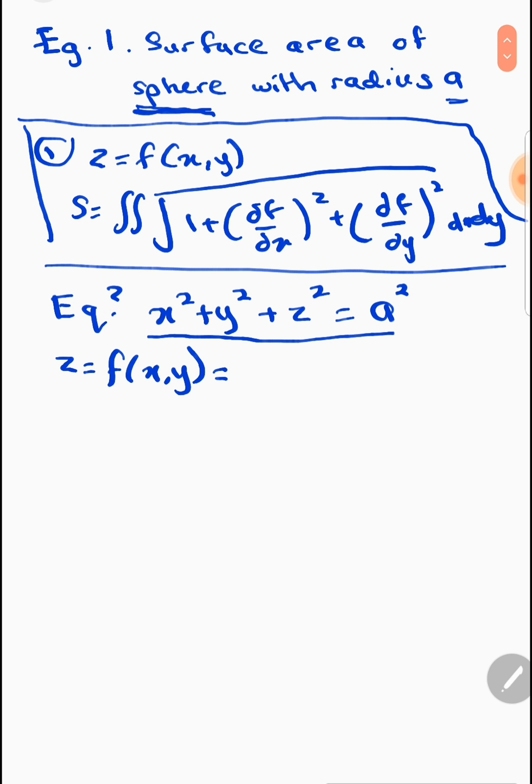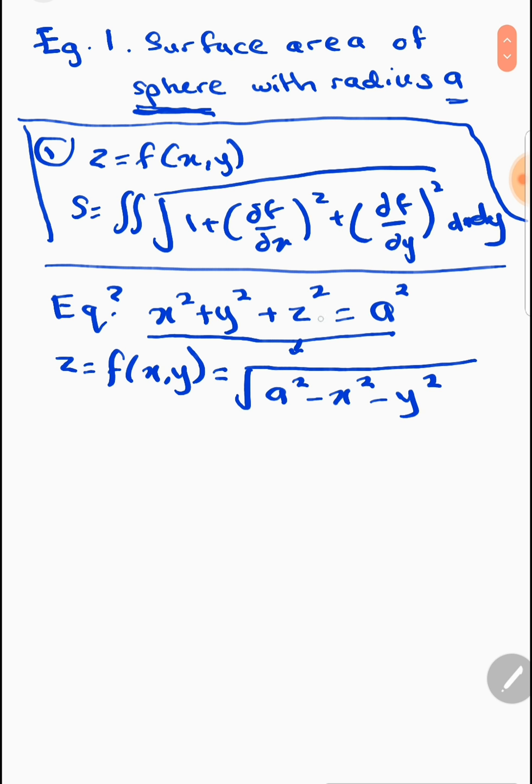So I'm going to translate this general equation here and rearrange it to z. Alright, so in this case, z squared will then be a squared minus x squared minus y squared, right? And if I'm getting the z itself, that basically means that it will be the square root of a squared minus x squared minus y squared. Alright, if you get a little confused with this equation here, please try it step by step.